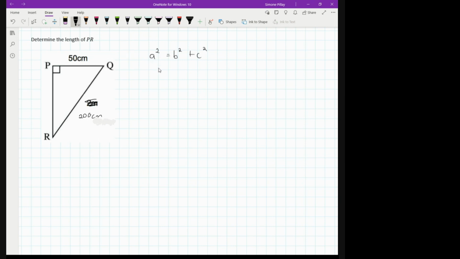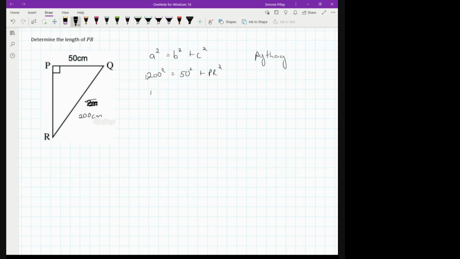200 squared is equals to 50 squared plus PR squared. And our reason is Pythagoras, by the way. 200 squared is equals to 4,000?